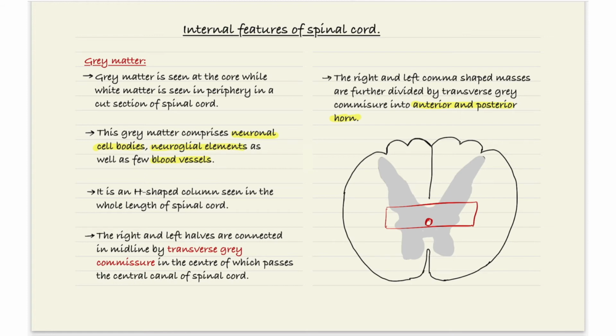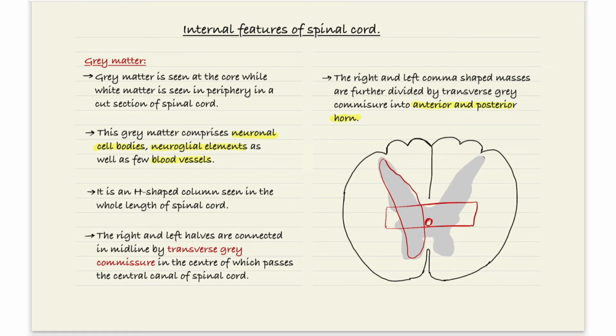The right and left masses are kind of comma-shaped. So the right and left comma-shaped masses are further divided by the transverse grey commissure into the anterior and the posterior horn. So this was the transverse grey commissure; it divides the grey matter anteriorly into the anterior horn and posteriorly into the posterior horn.